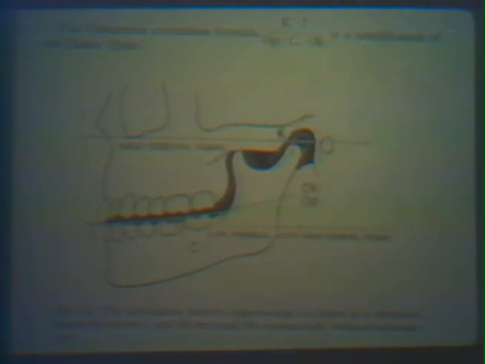Now, this is meant as a slight and a brief review for the next slide taken out of Chapter 4 in the textbook. It's a rather complicated slide, and the best way to understand this would be to read the book on this, which would be on page 83. But the main point of this diagram and illustration is to show the relationship between the curve of Spee and the angle of the eminentia, or the condylar guidance, and how these factors have a definite interplay one against the other.